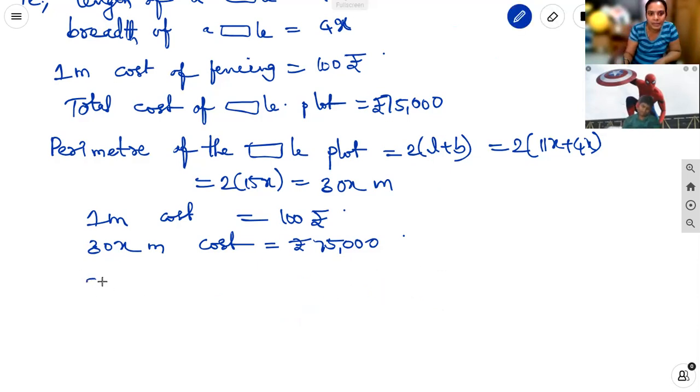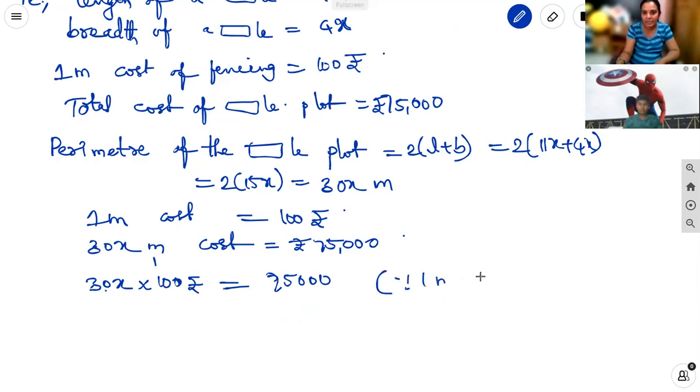Here 30x into 100 rupees cost equal to 75,000. Why? Because 30x meters cost equal to 75,000, and 1 meter cost equal to 100 rupees.